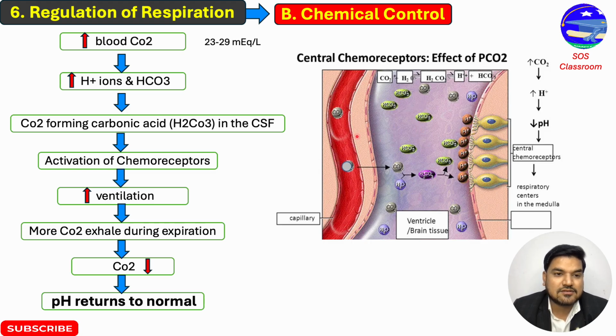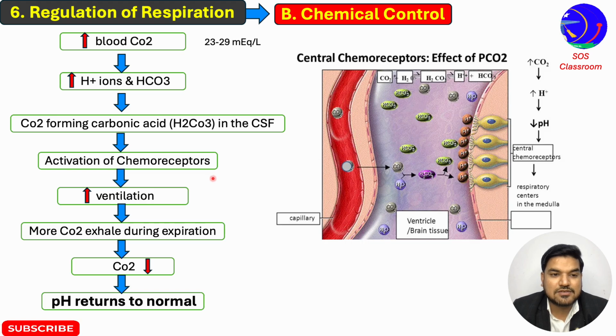In that case, when the hydrogen ion increases and bicarbonate also increases, or we can say when the blood carbon dioxide increases, or when carbonic acid formation occurs, then the chemoreceptors are activated. Activation of chemoreceptors means activation of the central chemoreceptors.